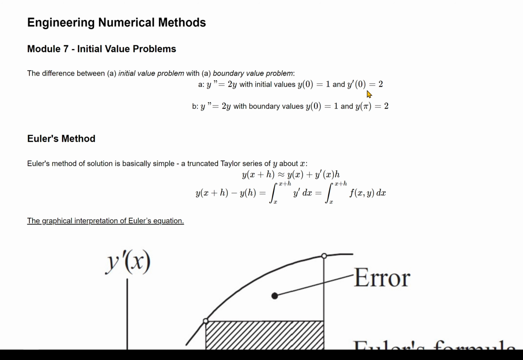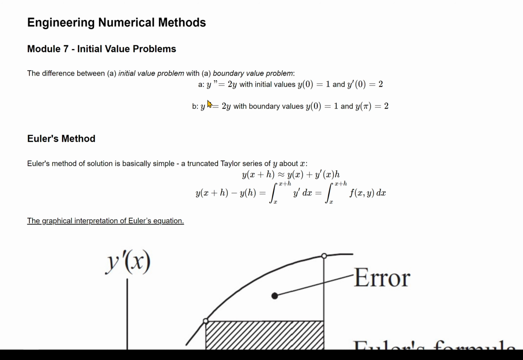So the initial values y of 0 and y prime of 0 both have values, while for the boundary values you are only given a certain degree and it is bounded, meaning you have two values, between 0 and pi. If this is x, for example, x is equal to 0 and x is equal to pi, these two values are considered the boundary, and you are given the values 1 and 2 respectively.